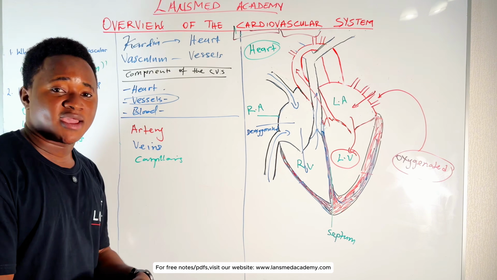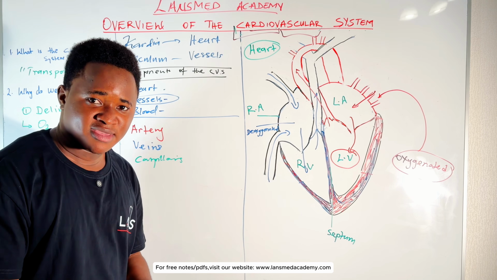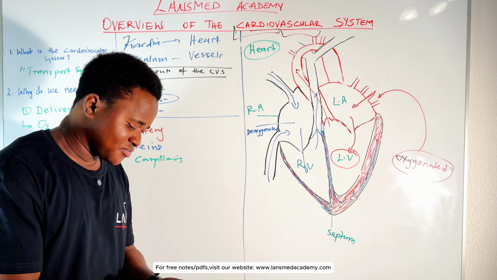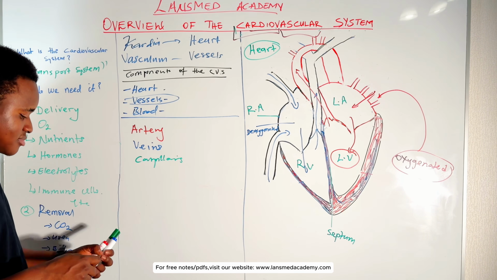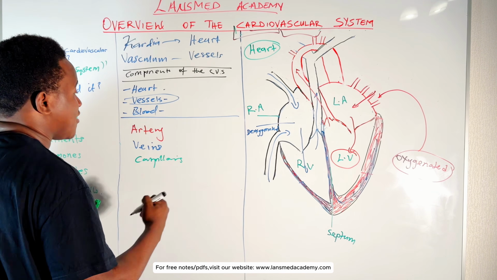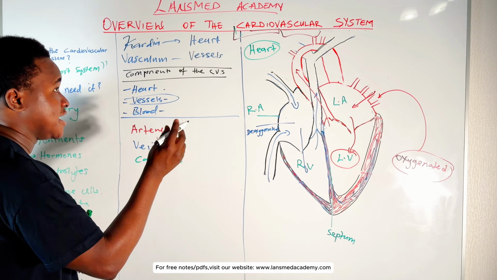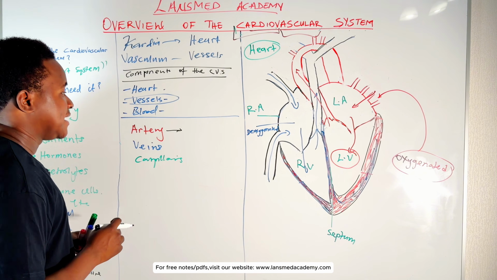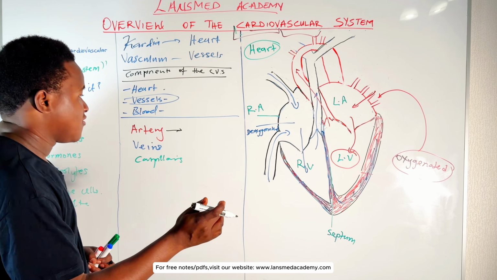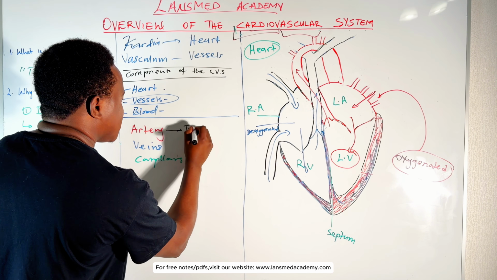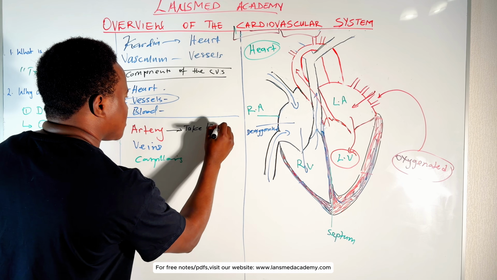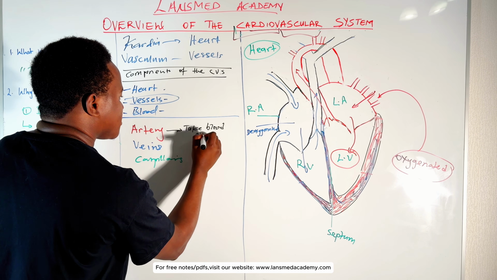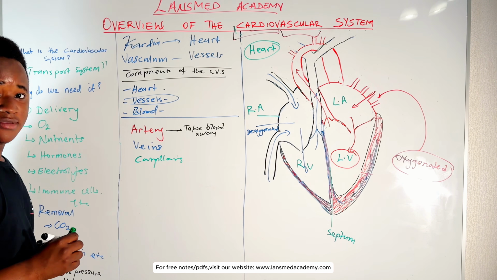Now, what are the arteries? And what are the veins? And why capillaries? So let's look at it this way. Arteries are all those vessels in the cardiovascular system that are taking blood away from the heart.